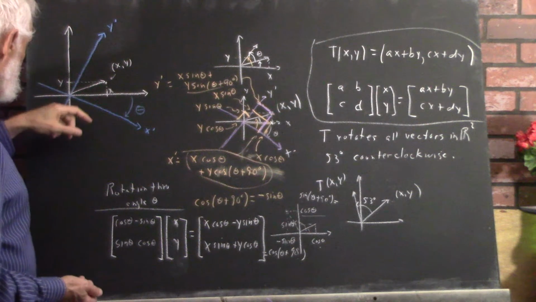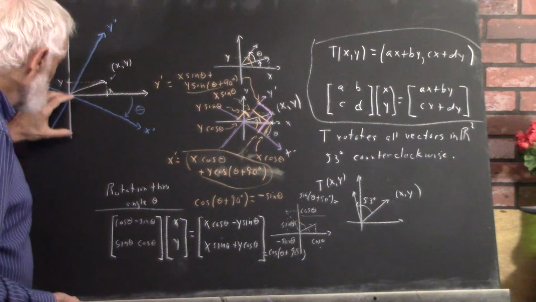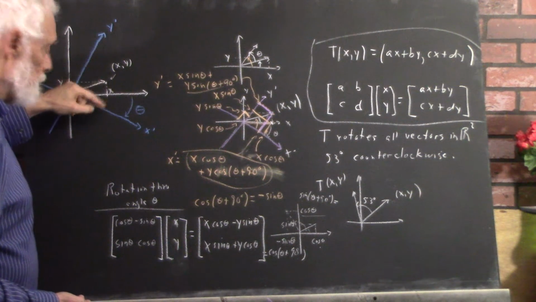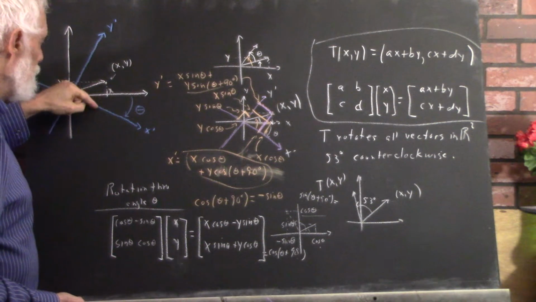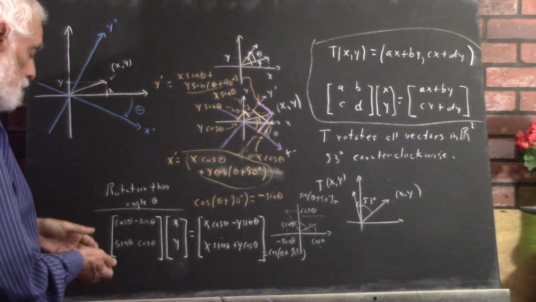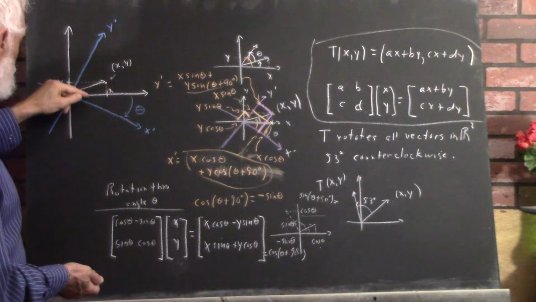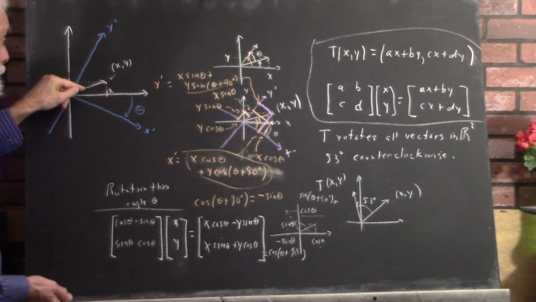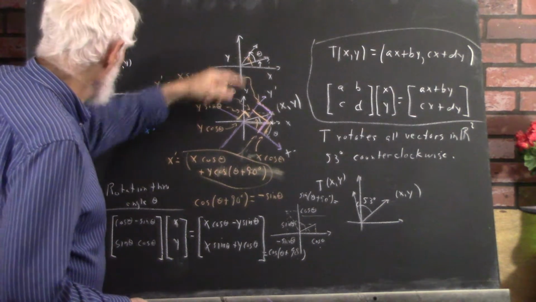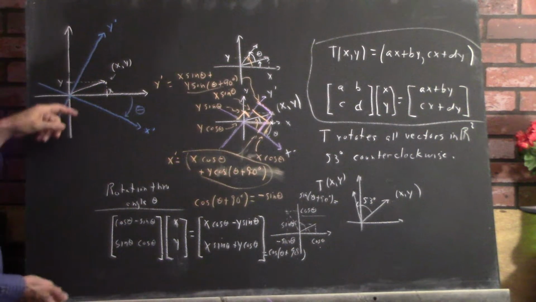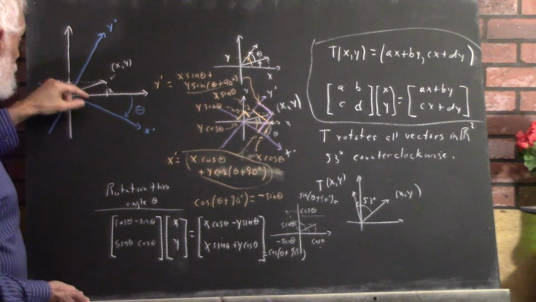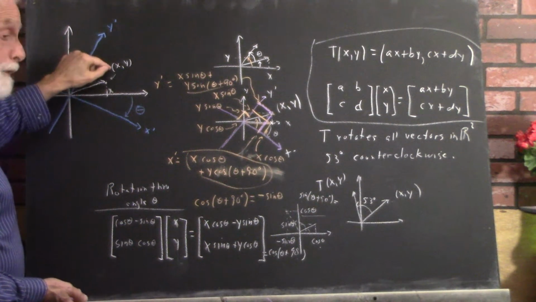And in this plane, this vector will then have been rotated through angle theta. In other words, the angle from here to here is going to correspond to this angle, because it's equal to theta plus the angle of this vector.